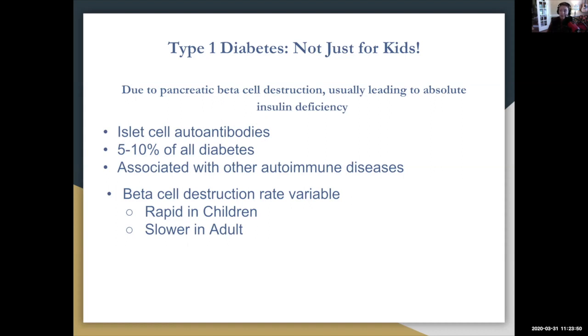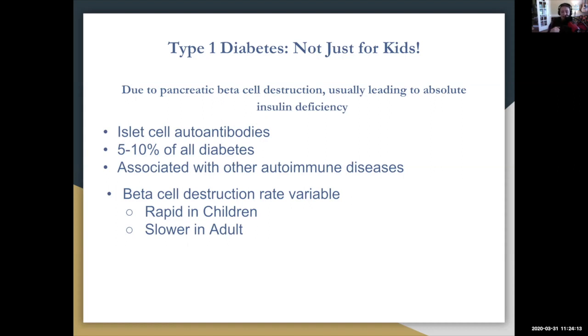In the adult, this can be more of a smoldering process. And so you can kind of have this gradual, subtly worsening need for diabetes medications in the adult, or you're on the things that we would normally give for type 2 diabetes, but it's just not quite working.